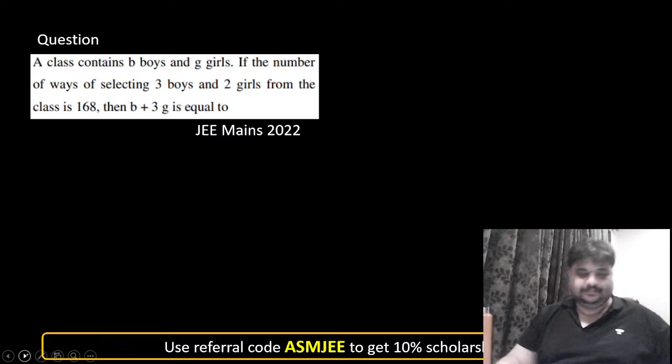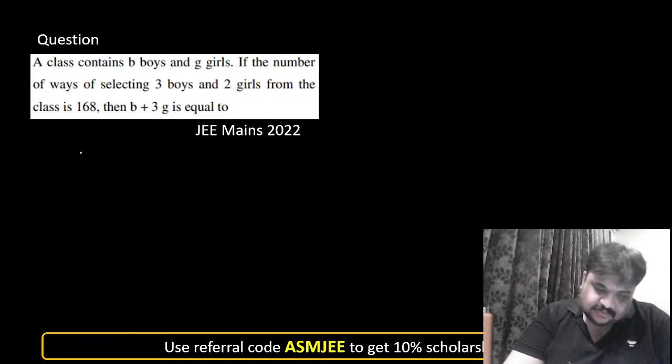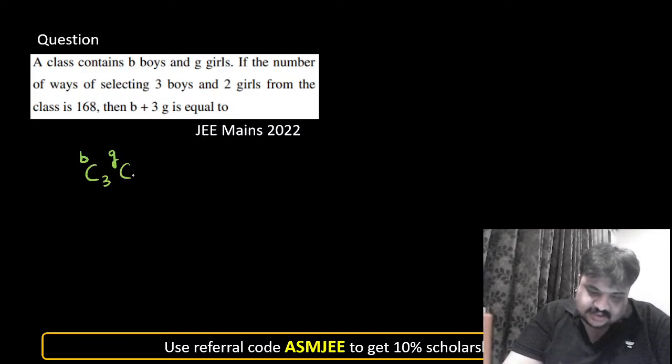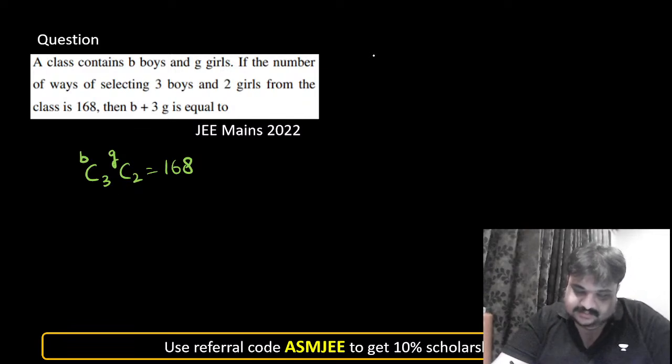Done. A class contains B boys, G girls. If the number of ways of selecting 3 boys and 2 girls from the class, so BC3 times GC2, is 168. Now you'll have to do factors. What are the factors of 168?